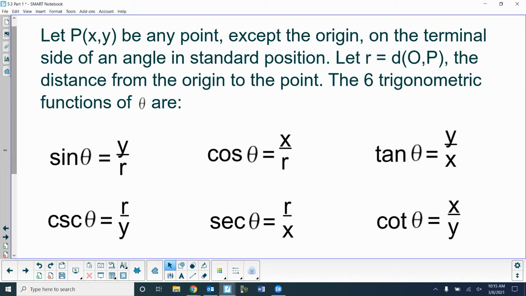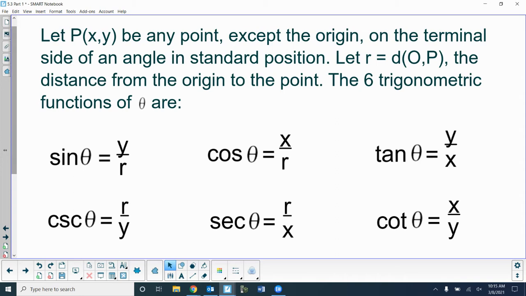And then the 6 trig functions for theta are these. So the sine of theta is y over r. Well, it's still opposite over hypotenuse. Once you draw your picture, the y value will be the opposite side from theta. Cosine of theta is x over r.